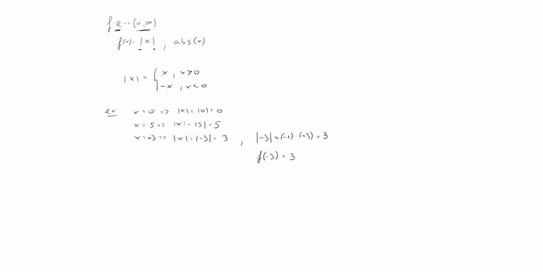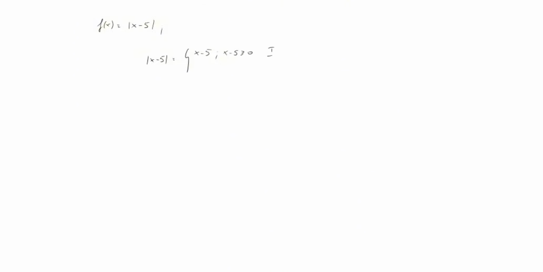Okay, let's see a more interesting example. Let's say that f of x equals the absolute value of x minus 5. Okay, so we will have two cases. So the absolute value of x minus 5 will be equal to, case 1, x minus 5, which stays the same, if and only if x minus 5 is greater or equal to 0.